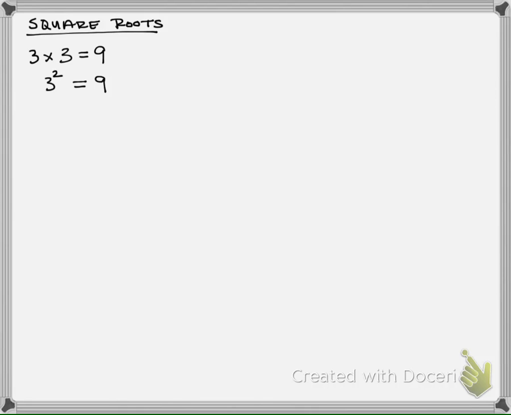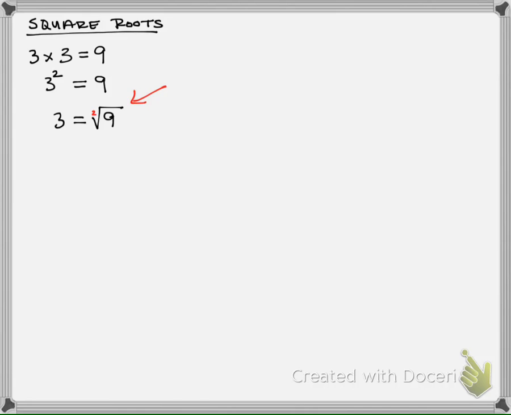So if we take the square root of 9, then the number should equal 3. Notice that this represents the symbol of a square root, and that there's an understood 2 here when it's not shown.